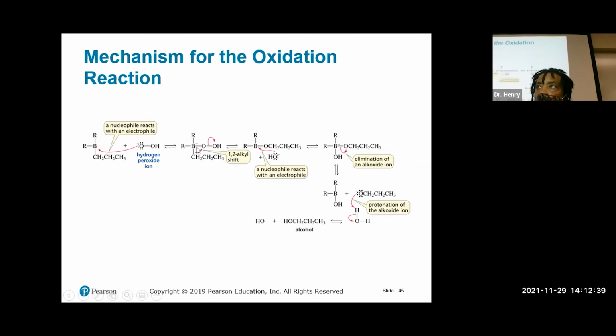So then it's going to be directly attached to the O, and then it's going to transfer those electrons back to the oxygen. That oxygen is going to then transfer it to the OH. Right? And again, we're going to get a shift occurring. We're going to get that 1,2 shift.